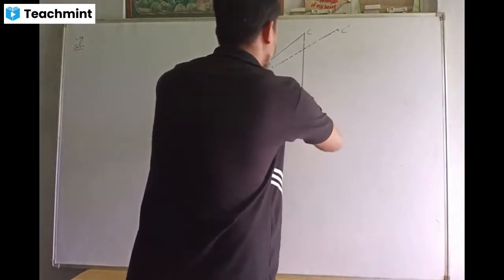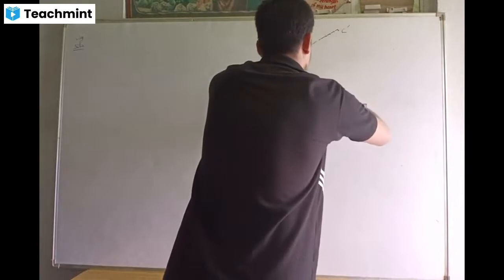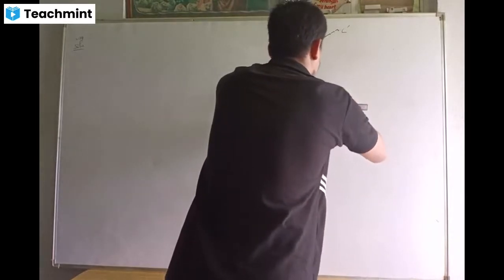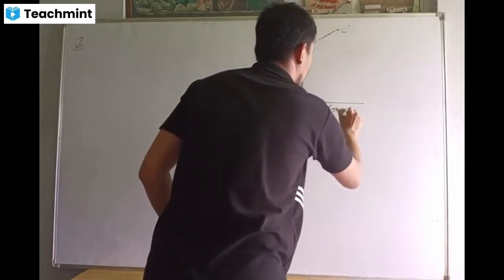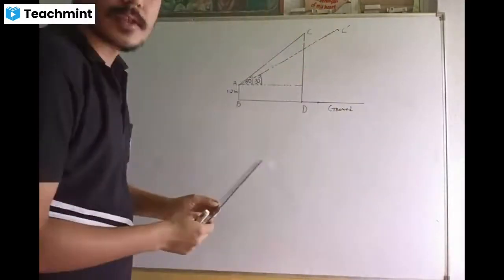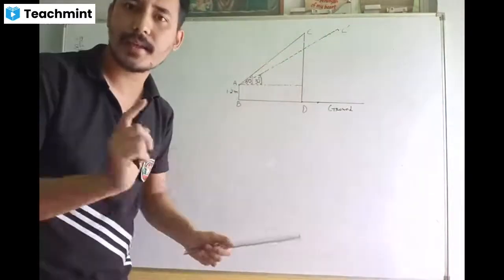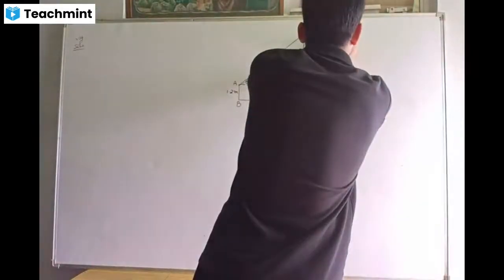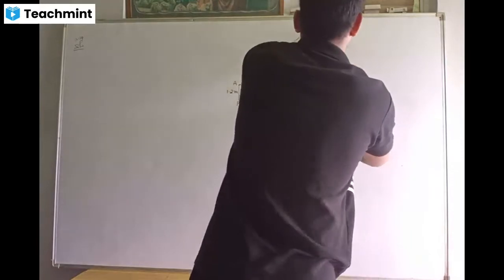This is your ground, right? So the height of the balloon from the ground will remain the same. How much was that? 88.2 meters.